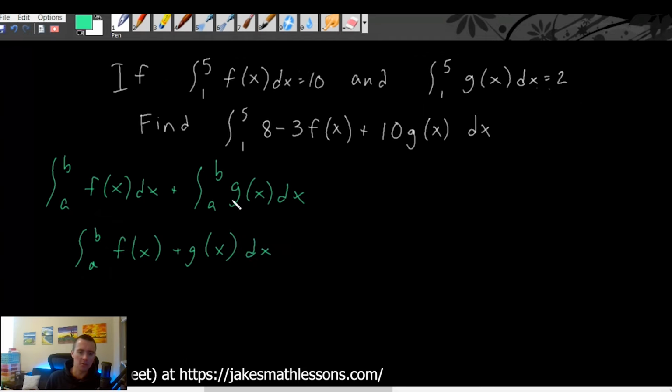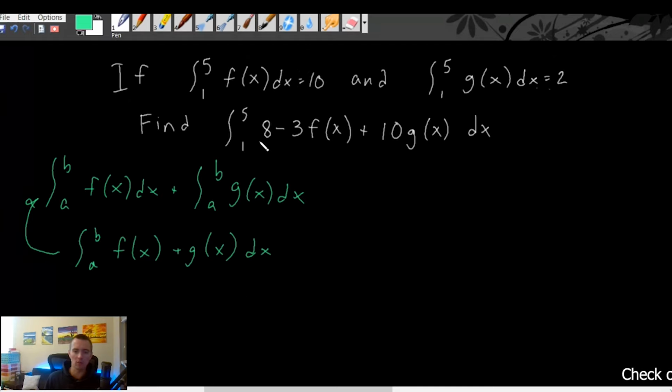Well, the interesting thing about these integral properties is we can also go the other way. We can start with the integral of something plus something and split it up into two separate integrals: the integral of this first thing plus the integral of this second thing. So that's what we're actually going to do here.